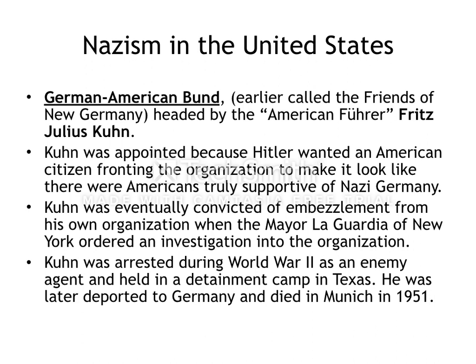Kuhn was eventually convicted of embezzlement from his own organization when Mayor LaGuardia of New York ordered an investigation into his organization. Now, Kuhn was also arrested during World War II as an enemy agent and held in a detainment camp in Texas. He was later deported to Germany, where he died in Munich in 1951.